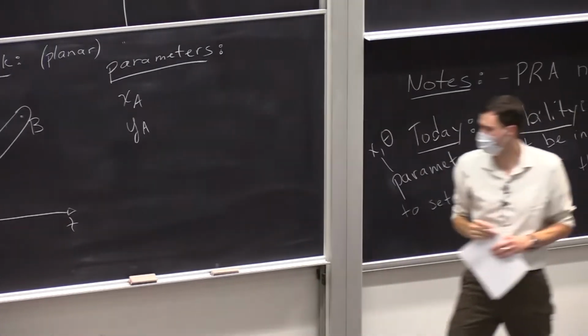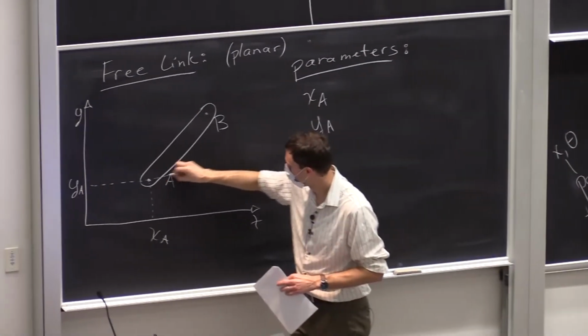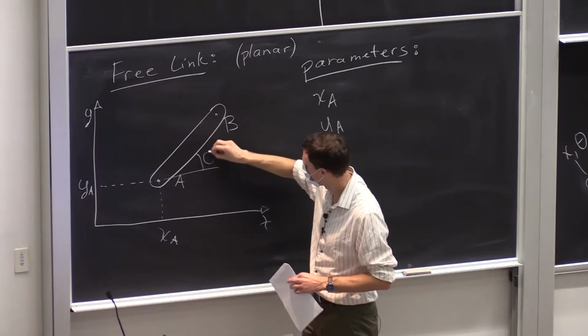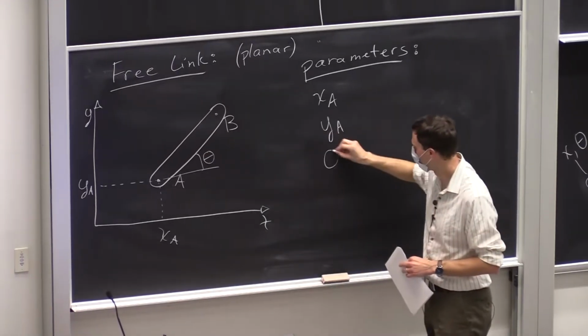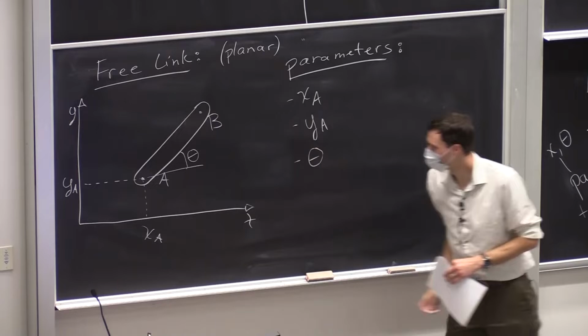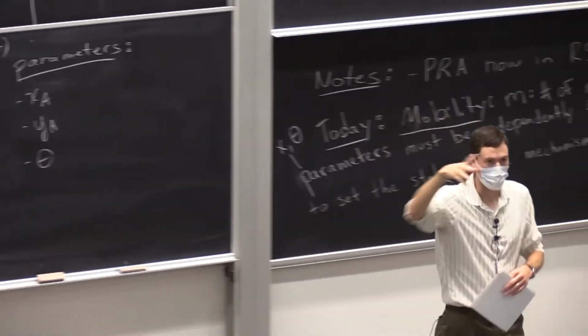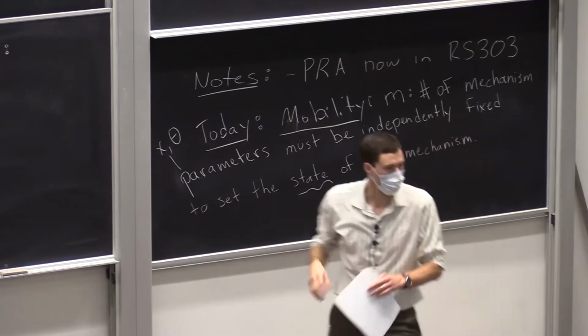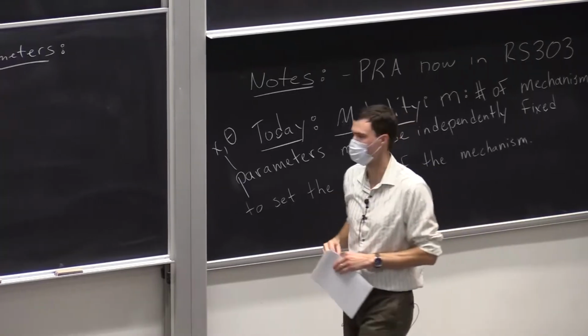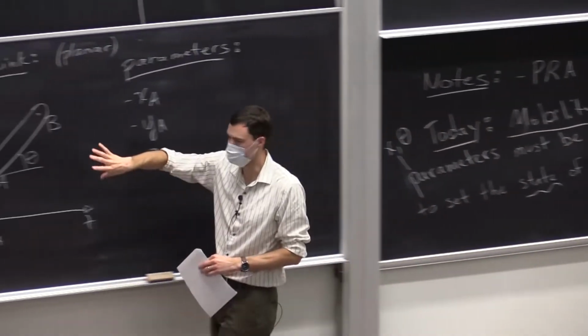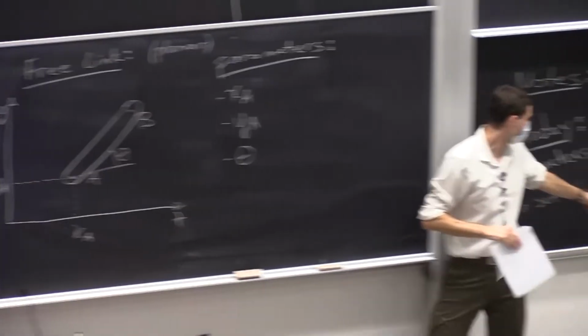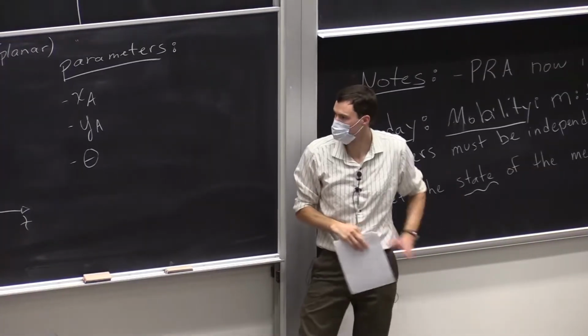Another one we could track is the angle of this link, so I'll add theta on there. And if I tell you those 3 numbers and give you this coordinate system, and I give you this link as a piece of metal, you could place it on the board, right? You would know its state, its kinematic state.